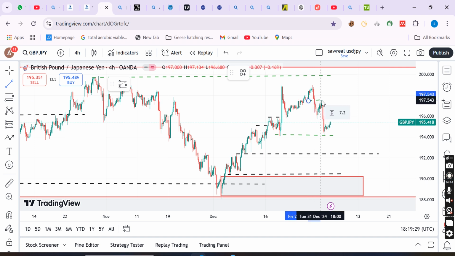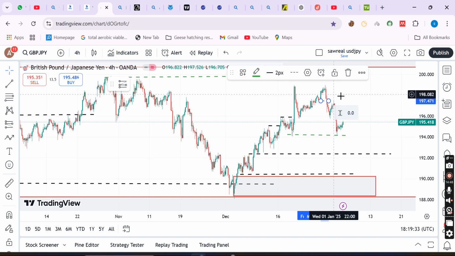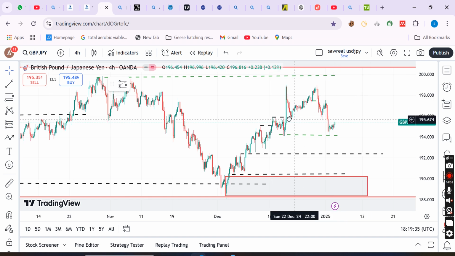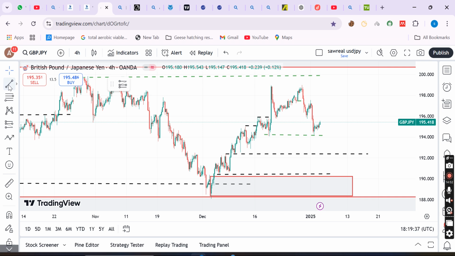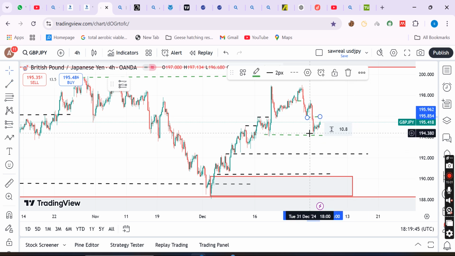You have a break of structure to the downside from this level 1, right? And then there's another break of structure here 2, okay, also to the downside.